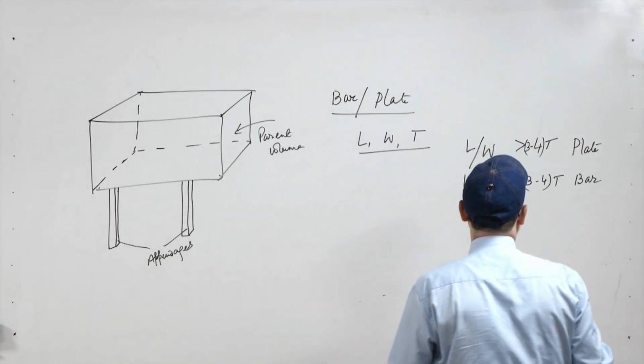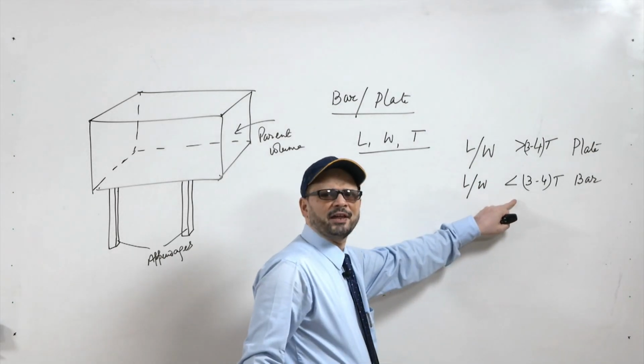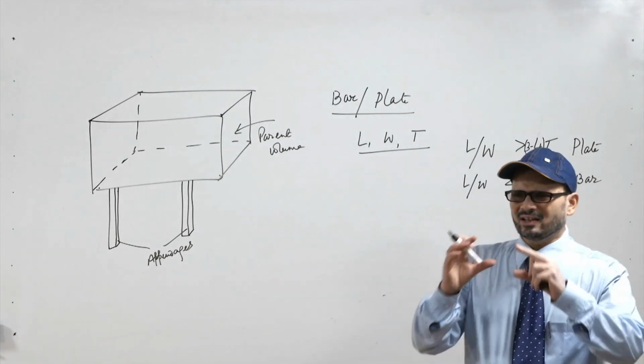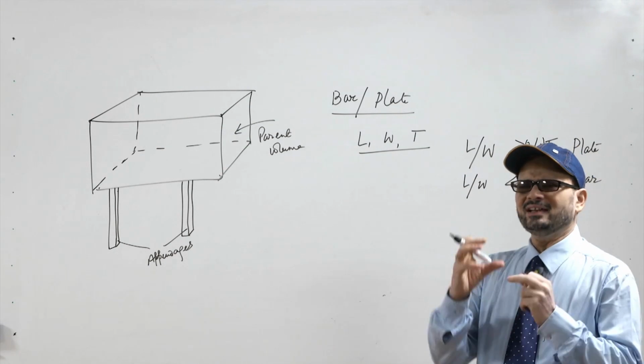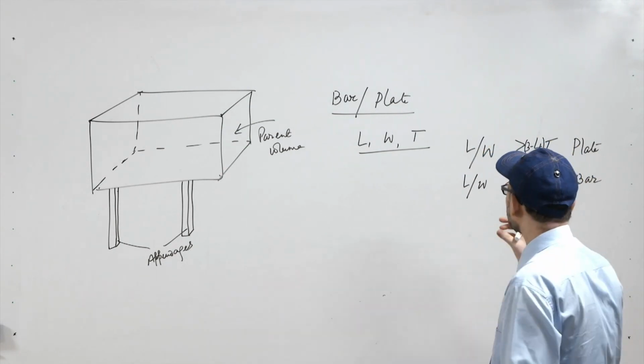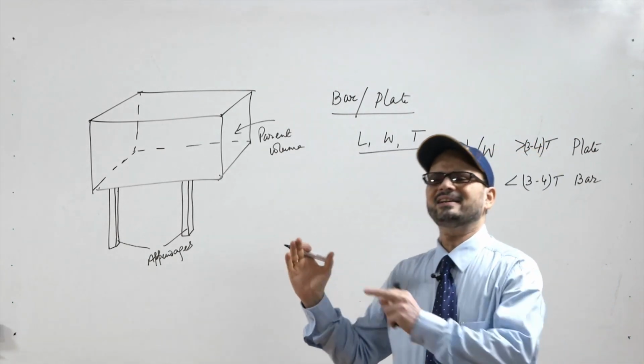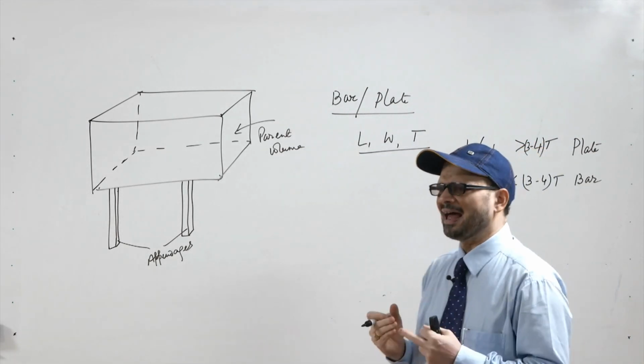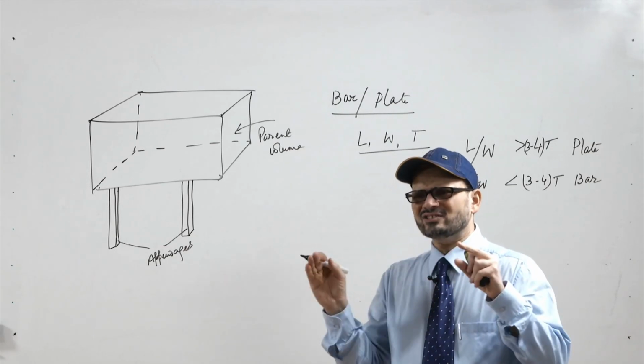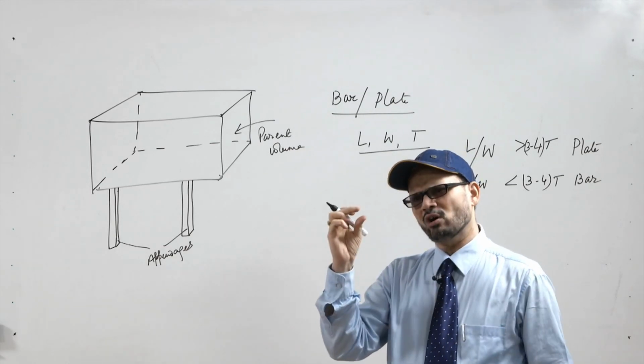Coming to bars and plates, a bar basically has a cross section where the thickness and width are smaller and it has a larger length, whereas a plate has larger length and width and very small thickness.